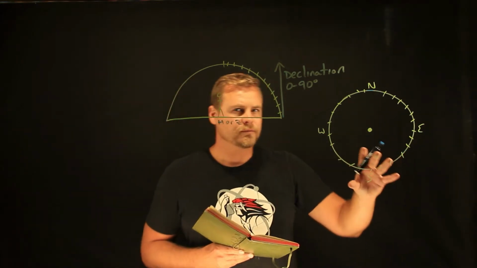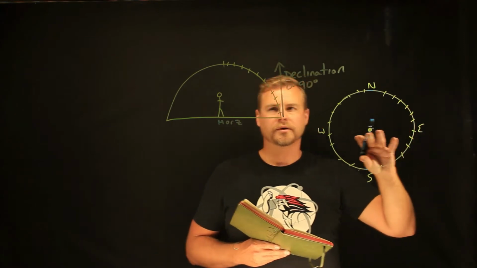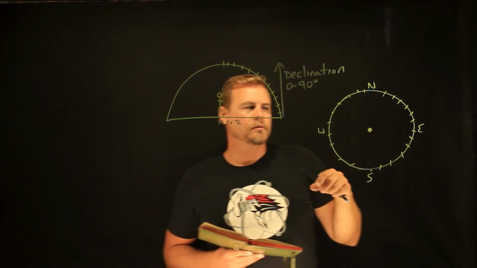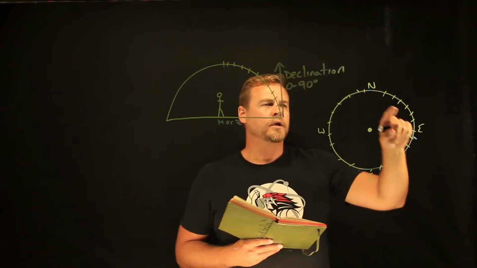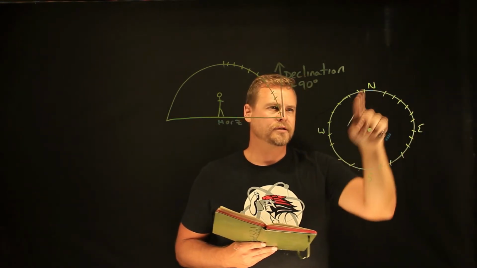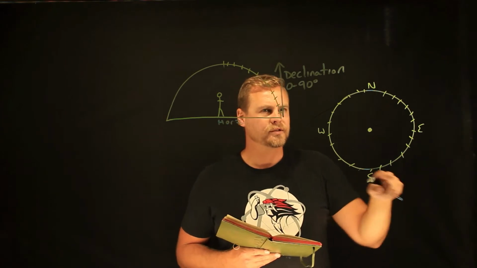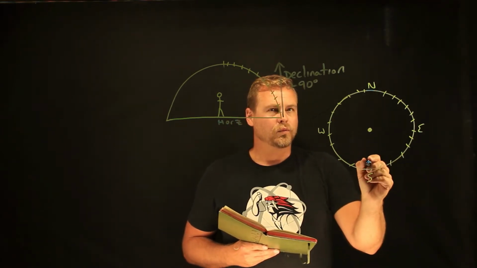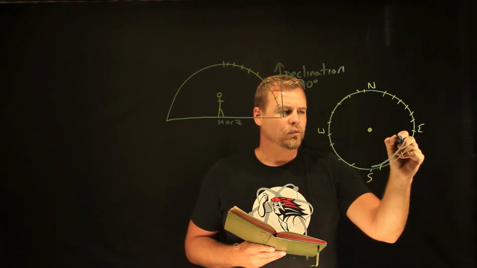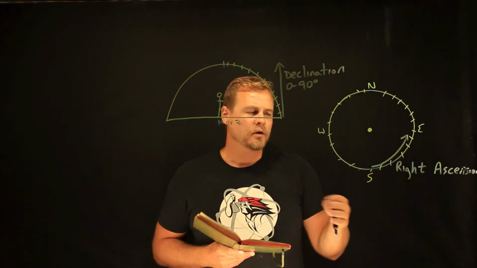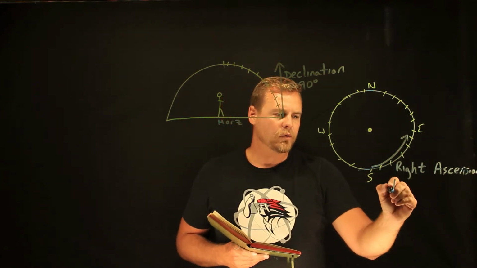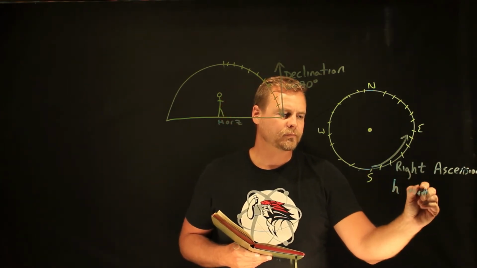Over here is more of a top-down view. Okay, so if you were standing up here and looking straight down at me and you saw the whole world, you've got the north, east, south, west, never eat soggy waffles. And so this is kind of like a top-down view. And this is called right ascension. For our purposes, we aren't going to use hours and minutes.